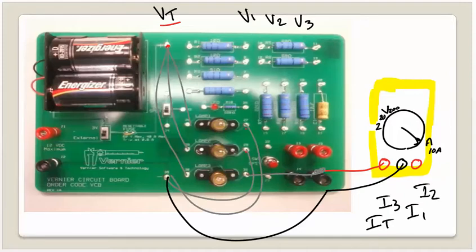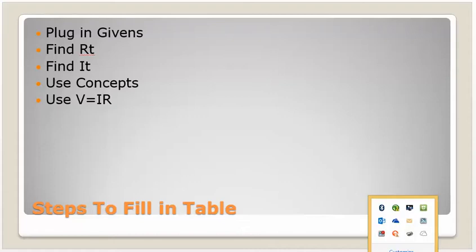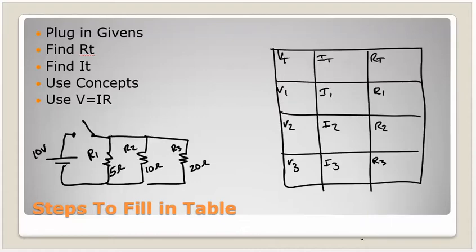Well, let's take a look then at one more thing. Alright, here is a circuit diagram that I've made, or a schematic over here of a circuit, and on the right I have the chart. Well, plug in the givens. Alright, anybody should be able to plug in the givens. The total voltage, 10 volts.